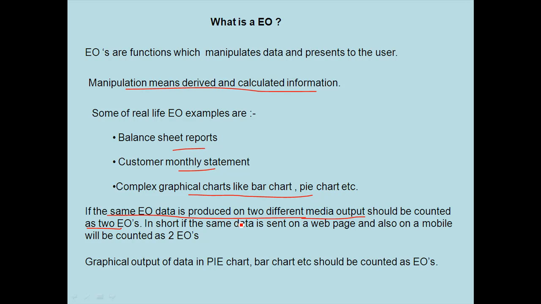So you have 2 different media for viewing this report. You need to count 2 EOs, because when you do the coding or the execution, you will be taking into account how it will be displayed on mobile and how it will be displayed on the web. Graphical output data like pie charts and bar charts should be counted as EOs.